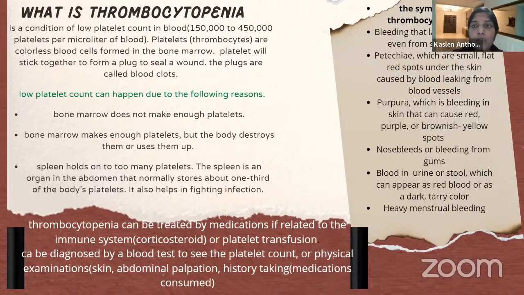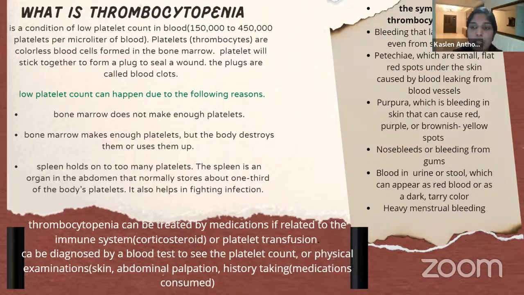So what are the symptoms of thrombocytopenia? First is bleeding that lasts a long time, even from small injuries. Petechiae, which are small flat red spots under the skin caused by blood leaking from blood vessels. Purpura, which is bleeding in the skin that causes red, purple, or brownish yellow spots.